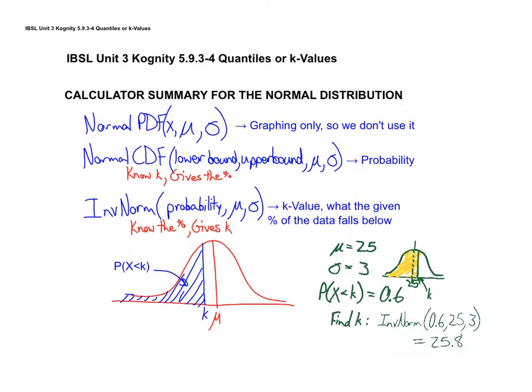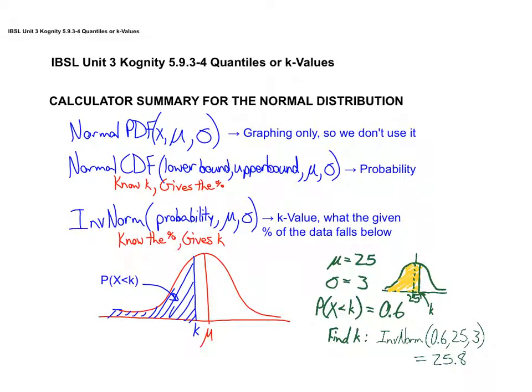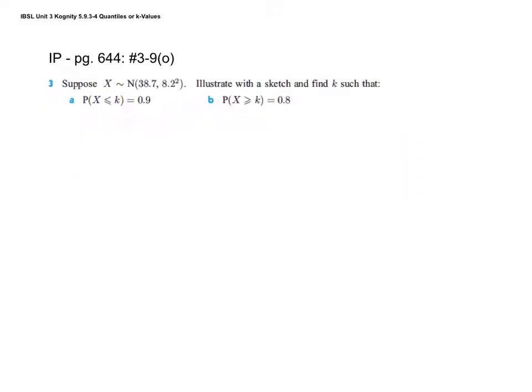Let's work through a couple of examples using this, and we'll also look at how we can use the standard normal distribution when we have cases where we don't know the mean or the standard deviation. But let's do a couple of these first. Question: do you use the normal CDF to find the probability, which you then plug into the inverse?